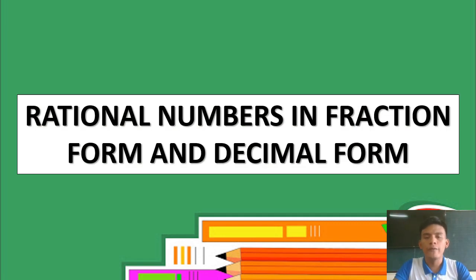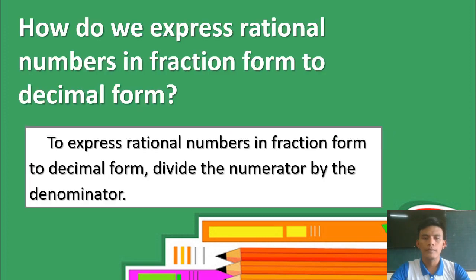Rational numbers in fraction form and decimal form. How do we express rational numbers in fraction form as decimal form? To express a rational number in fraction form as a decimal, divide the numerator by the denominator.